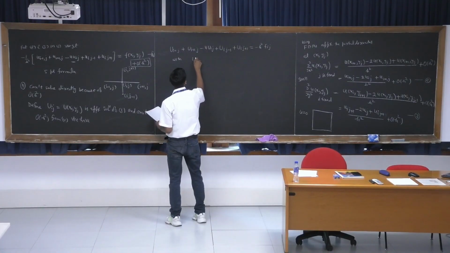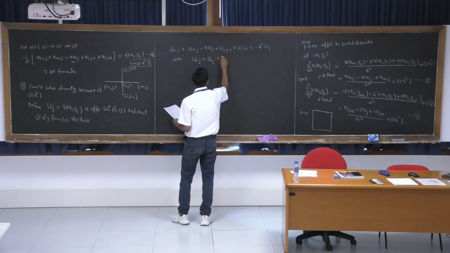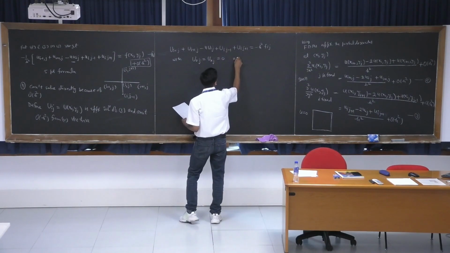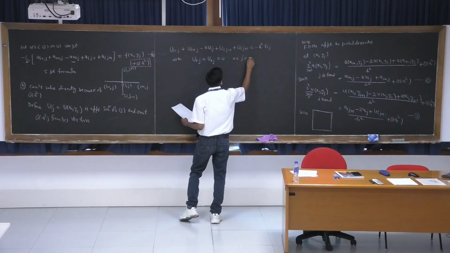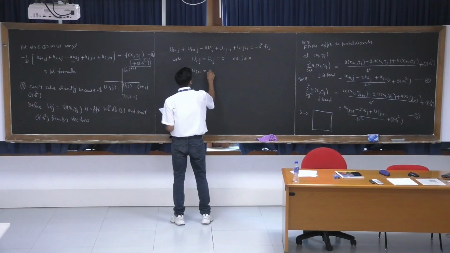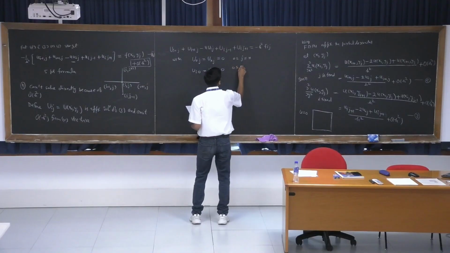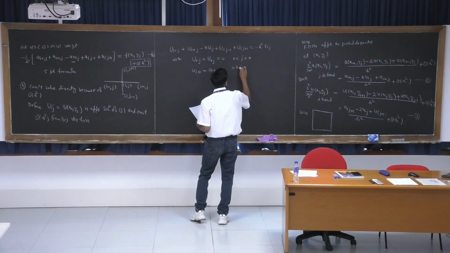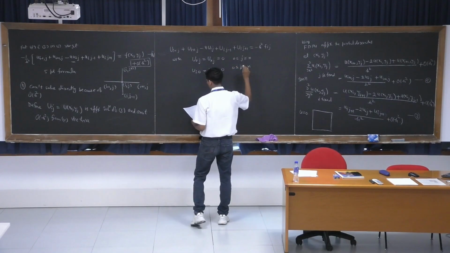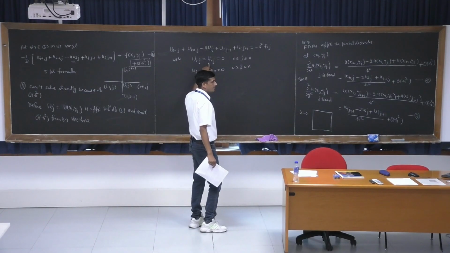You can say U_0j is equal to U_nj is equal to 0 for all j, and U_i0 is equal to U_in is equal to 0 for all i. Okay, because these are the boundary conditions.